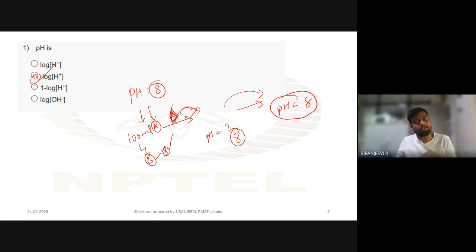Will this pH be equal to 8, or less than 8, or will there be a change? And then the third condition: after boiling, you keep it for 2 hours to cool down, then check the pH again. Lastly, will the pH be 8 or will there be any kind of change?